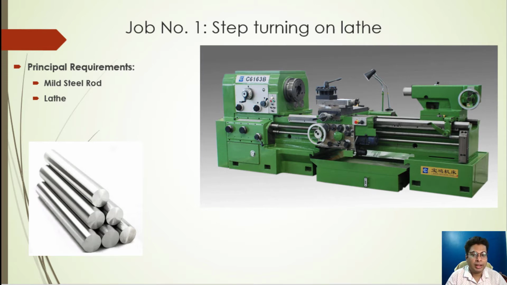Mild steel has a relatively low tensile strength, and it is cheap and easy to form and easy to work upon. Whenever you are going to perform any machining operation on mild steel, it is generally considered to be easier compared to some other variant of iron. And there are a variety of applications of this material.